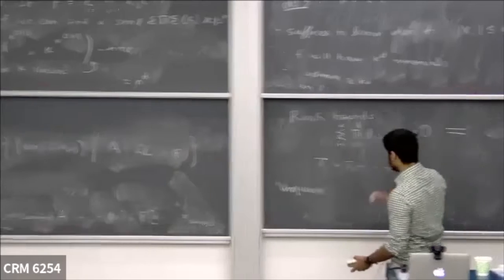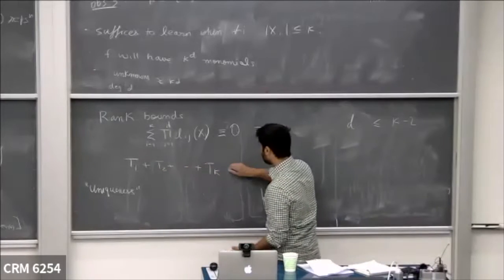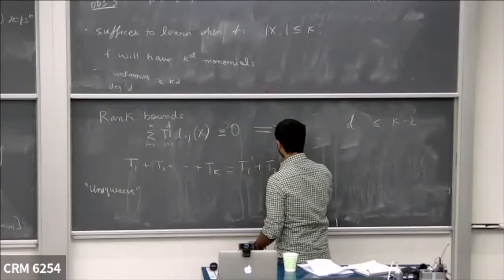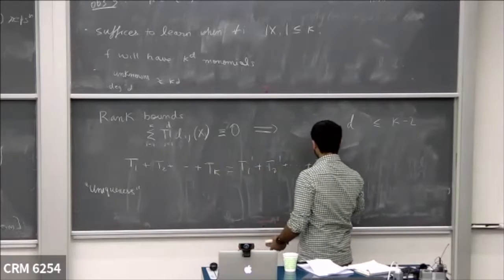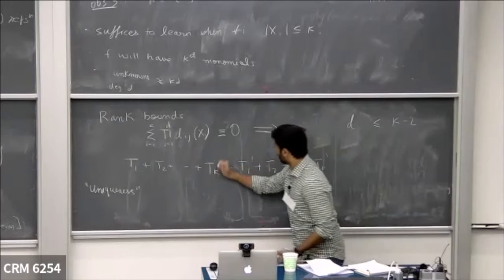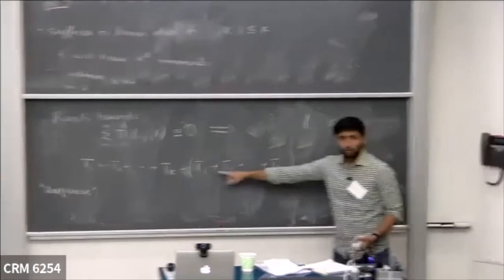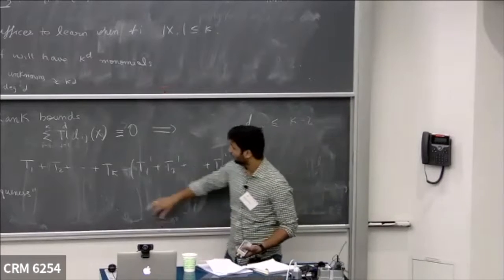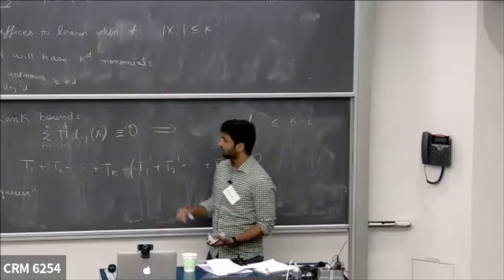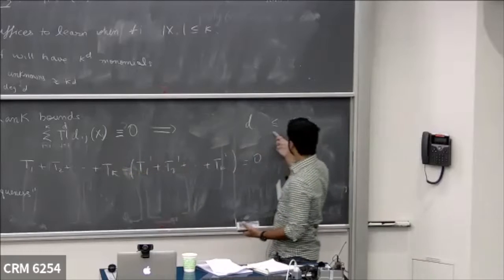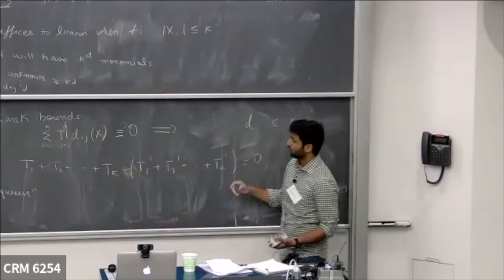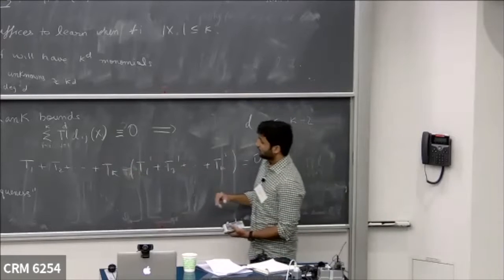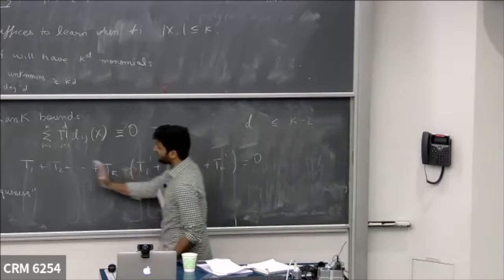Suppose there are two representations. Suppose you have T1 to Tk of a tensor, and also another one, T1 prime, T2 prime, up to Tk prime. Then this is a top fan-in 2k circuit which computes the zero polynomial, and this means there is a large GCD among these gates, because I want the degree to be small. So if your polynomial computes zero, then there must be a big GCD which pulls out.